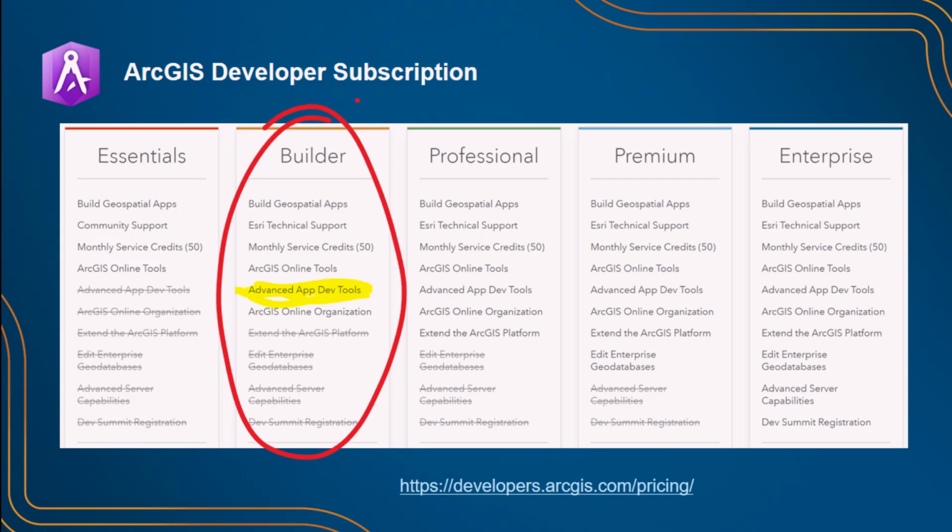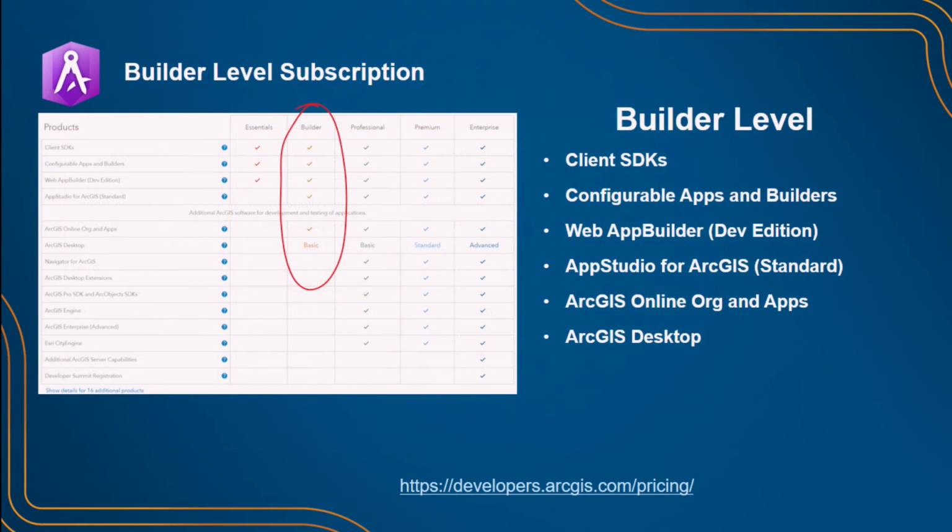If you're interested in more, go to developers.arcgis.com, where there's information and pricing. The Builder level gets you our client SDKs, meaning iOS, Android, and these other SDKs, configurable apps and builders. So being able to configure a web app using Web AppBuilder.